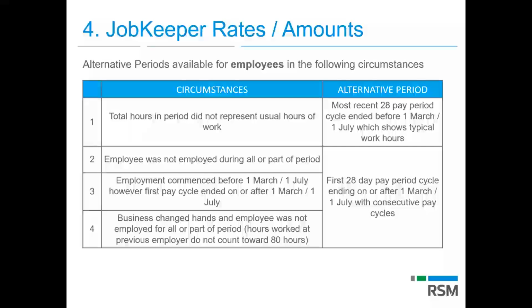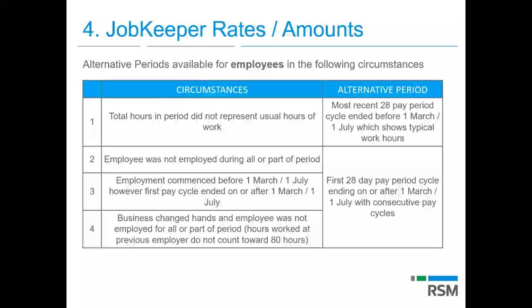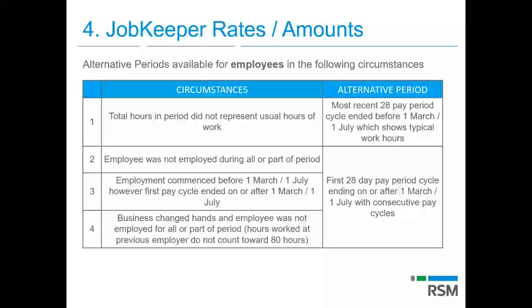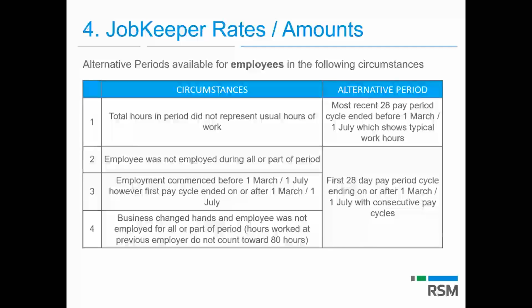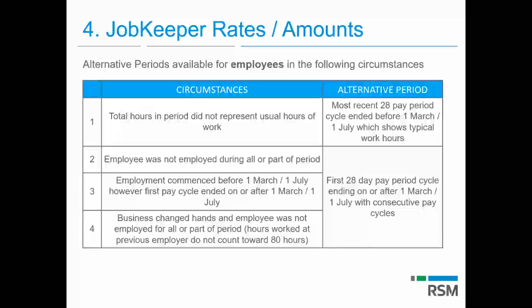The employee was not employed during part of the period, but note that they must be employed by either 1 March or 1 July, or employment commenced before either 1 March or 1 July, but the first pay cycle ended after this, or the final circumstance is that there was a change in ownership of the business.